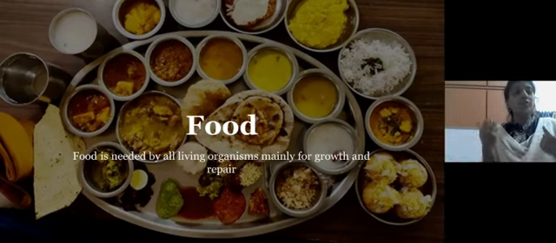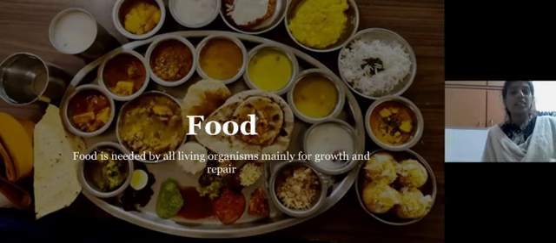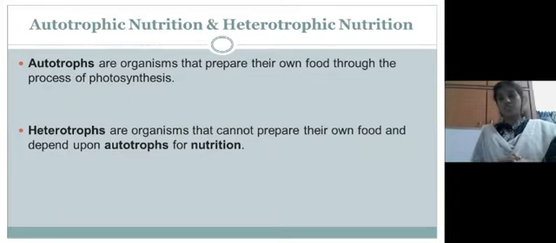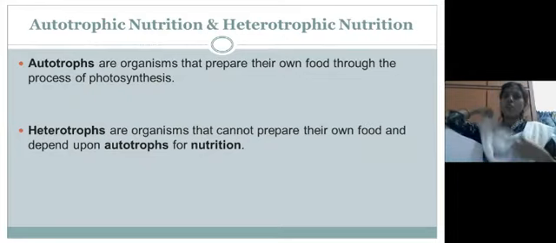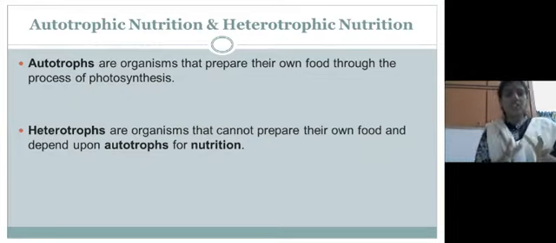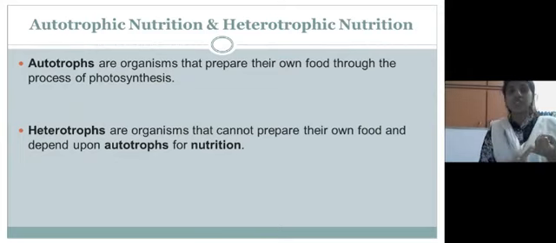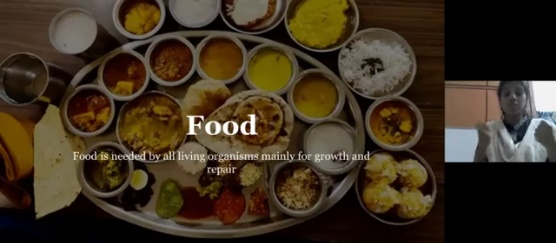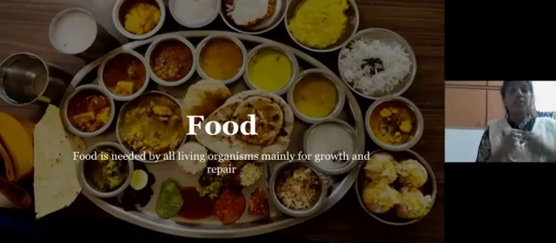Food gives us energy, protects us from infections and diseases, and is also responsible for bodybuilding.